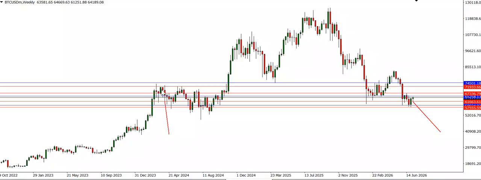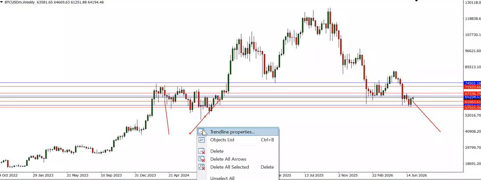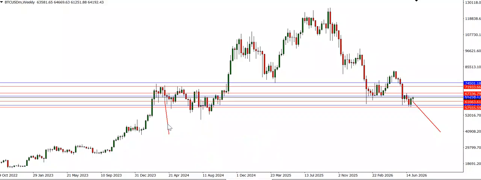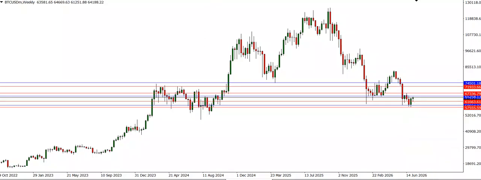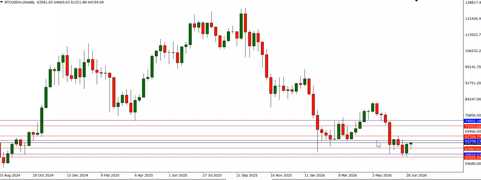We can see it being rejected, though broken but being rejected at this area. So it's a key level where price gets to and then bounces off. So that's around price. That's that for the weekly.